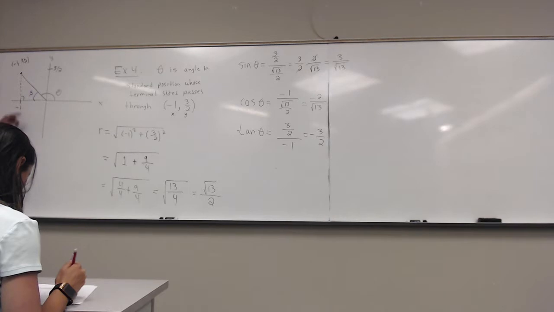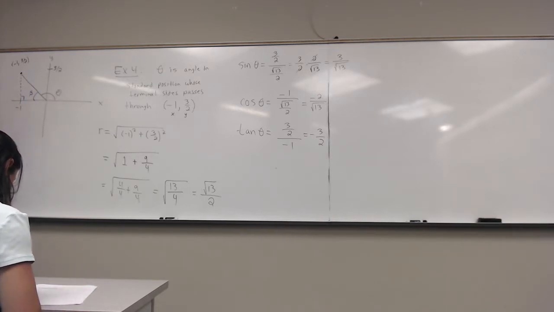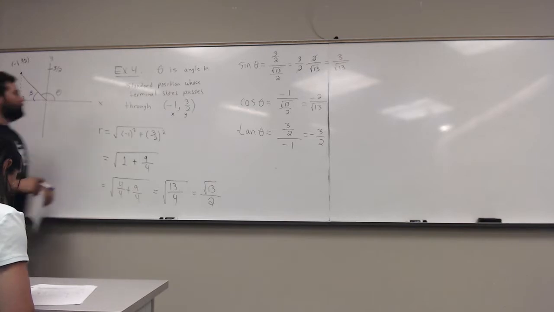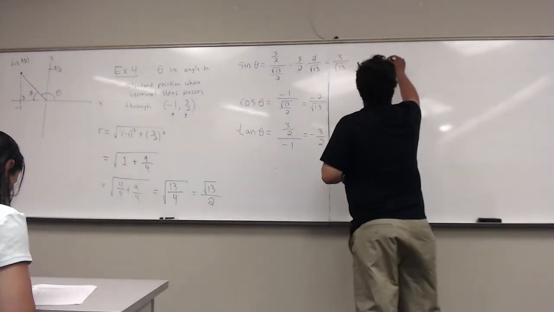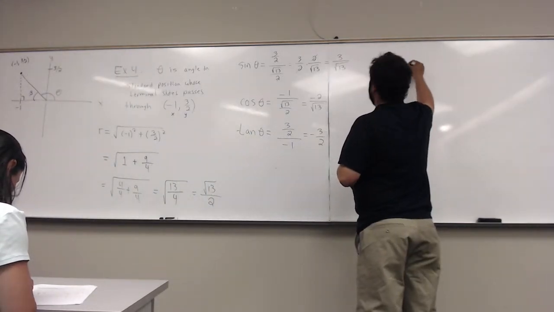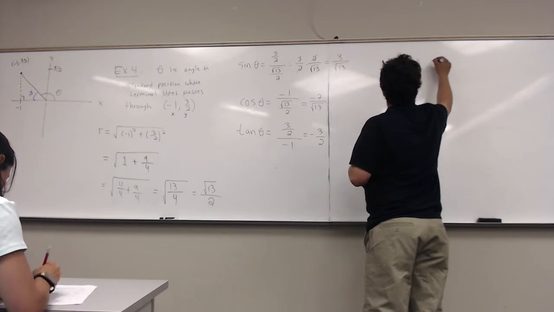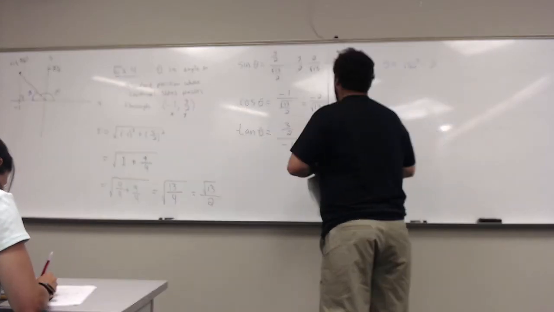And what do we know about beta plus theta? What do they have to equal in degrees? 180. Yeah, right? Because together, both these angles are going to give me half a rotation, which is 180 degrees. Okay, so one thing we know, the angle that we're looking for, theta, is just 180 degrees minus that beta inside of that triangle.